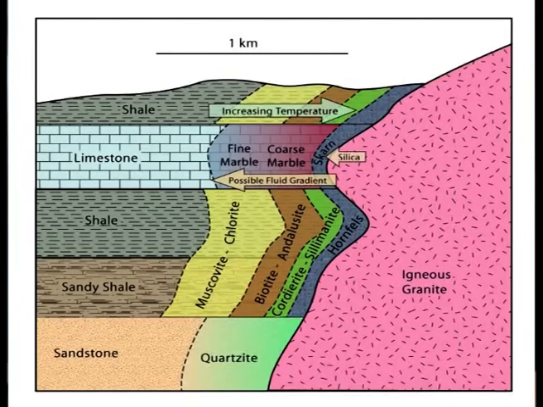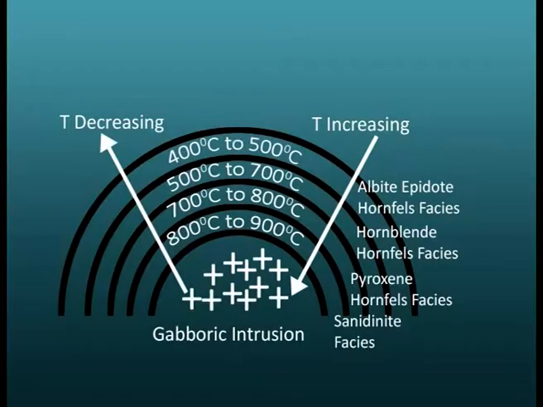General chemographic phase relation. The albite epidote Hornfels facies was proposed to cover mineral assemblages as they begin to form in the outermost fringe of the contact aureoles. See the figure on the screen where we can observe the contact aureoles, and we can see the different zones are present around the intrusive body.